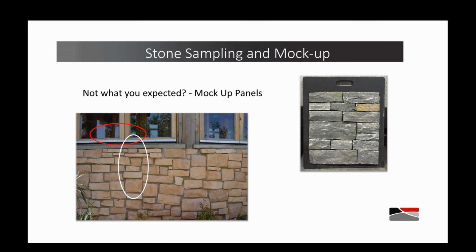And if there's any issues down the road, then you go back to the mock-up panel, find out where it differs, who's responsible for that, and that's where the responsibility lies to rectify it. It's not always possible to have a freestanding mock-up panel on site. So oftentimes a small portion of the building can actually be designated as the mock-up panel, and the key there is just to remember which particular area it was.